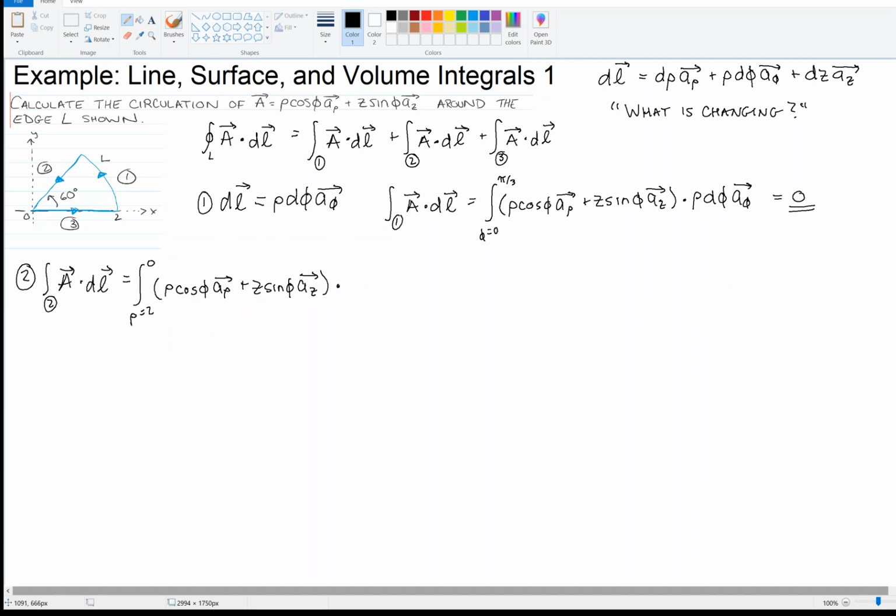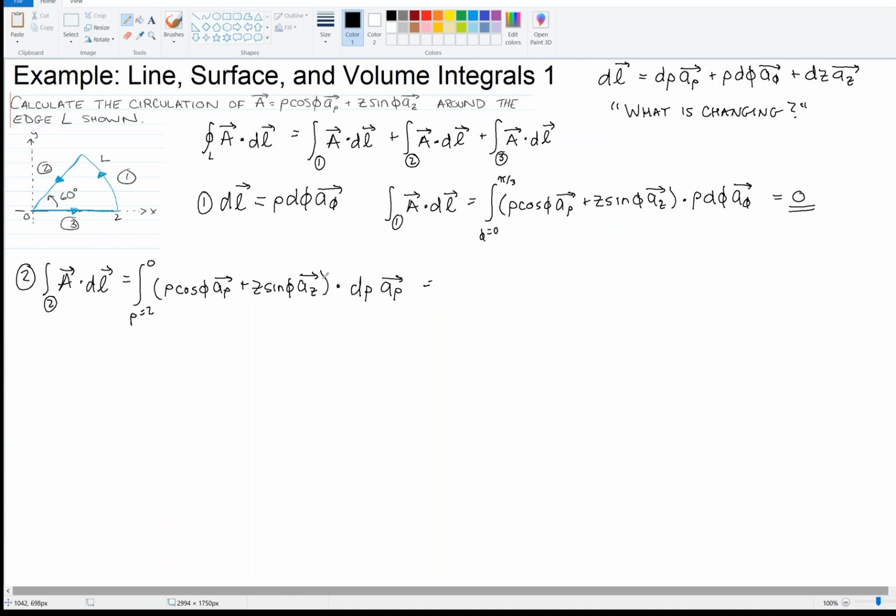So what is dl now? We just said that rho is the only thing that's changing. So d phi is 0, dz is 0. Z doesn't change, phi doesn't change. So this is just d rho times the unit vector in the rho direction.